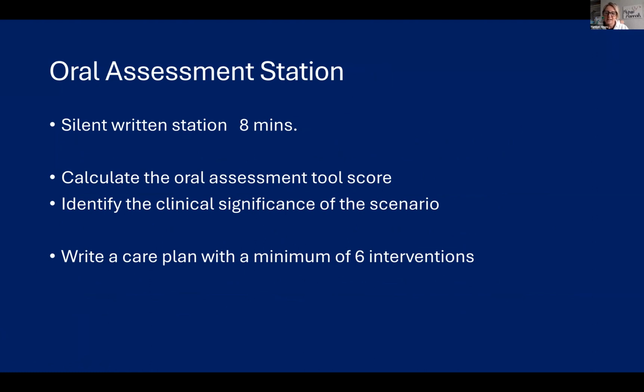The second is you need to identify the clinical significance of the scenario, okay? So you can't just memorise interventions, you need to be able to interpret your scenario on the day and make a small summary point about what's happening for the patient in terms of mouth care. And then you need to write your care plan with a minimum of 6 interventional points that you are going to complete for the patient.